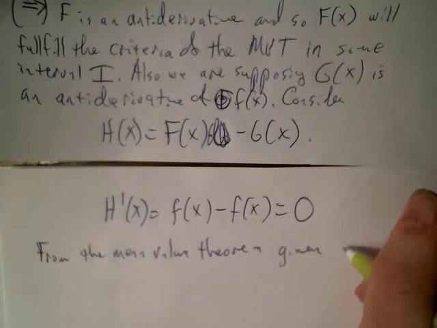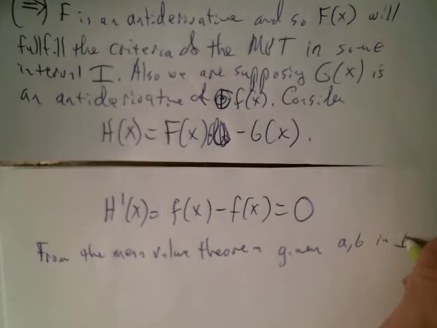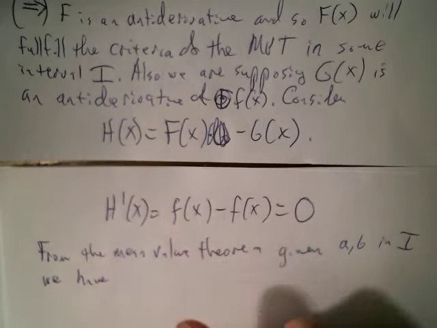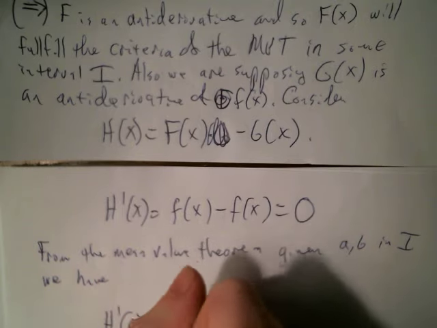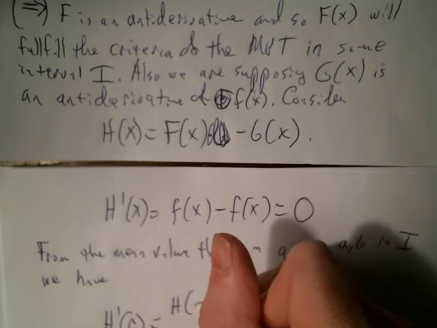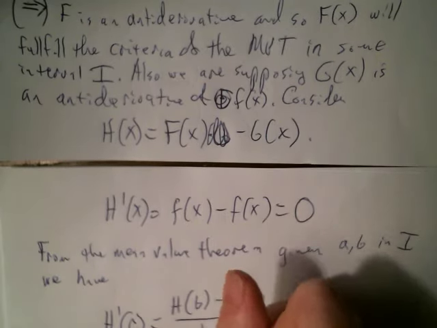I guess just a and b. We have that there exists a c value such that H prime of c is equal to big H of b minus big H of a all over b minus a.